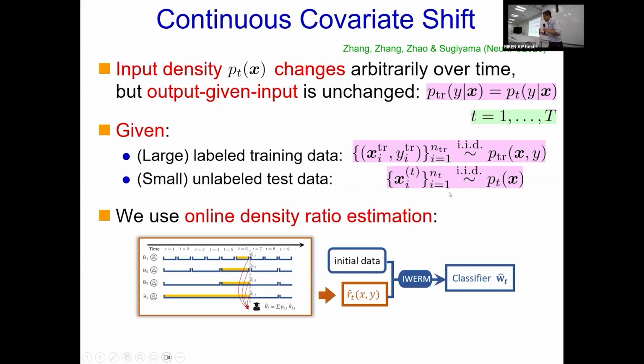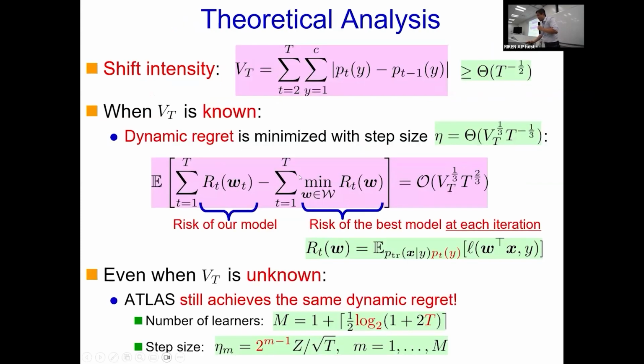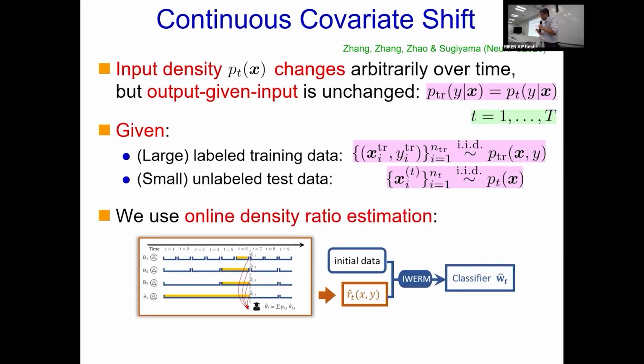Today I don't really go into the detail because the method is unfortunately a bit technically complicated, but we can upper bound the dynamic regret of the predictor by the dynamic regret of density ratio estimation error. So we perform online density ratio estimation to update our density ratio predictor.